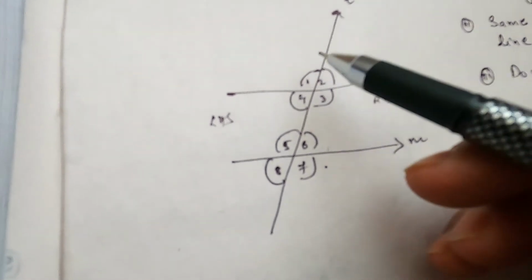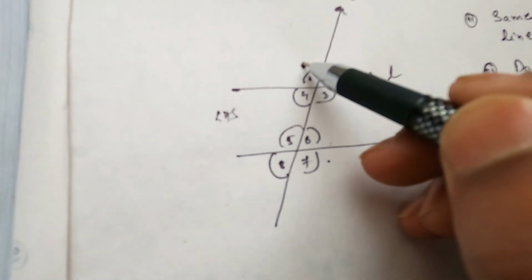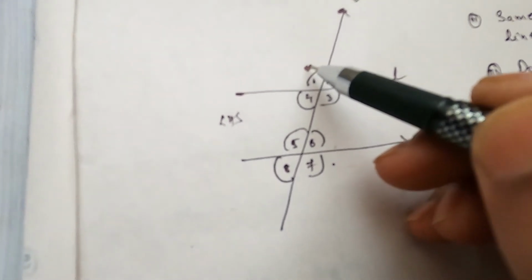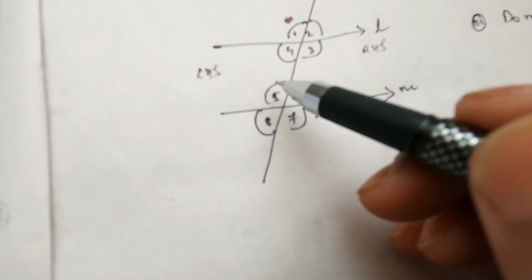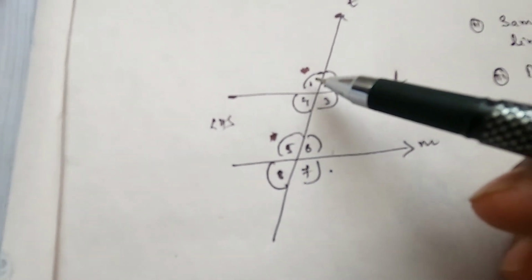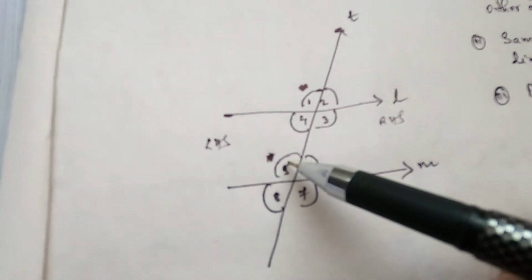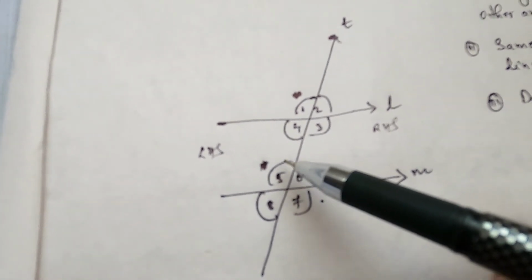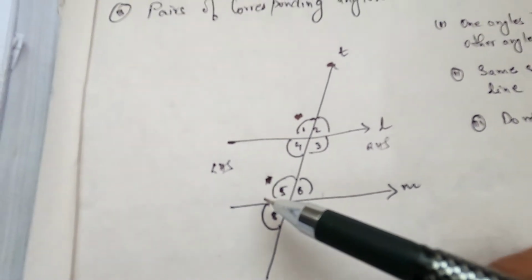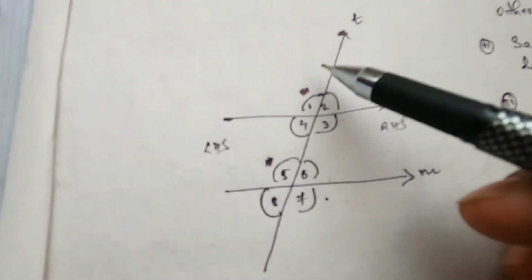So let us find out which are the pair of corresponding angles. So one angle is exterior. All right, so this is the exterior angle, and the other angle is interior. Alright, so these two angles, we can say that they are corresponding angles because one angle is exterior and the other angle is interior. And from condition number 2, they are on the same side of the transversal line.